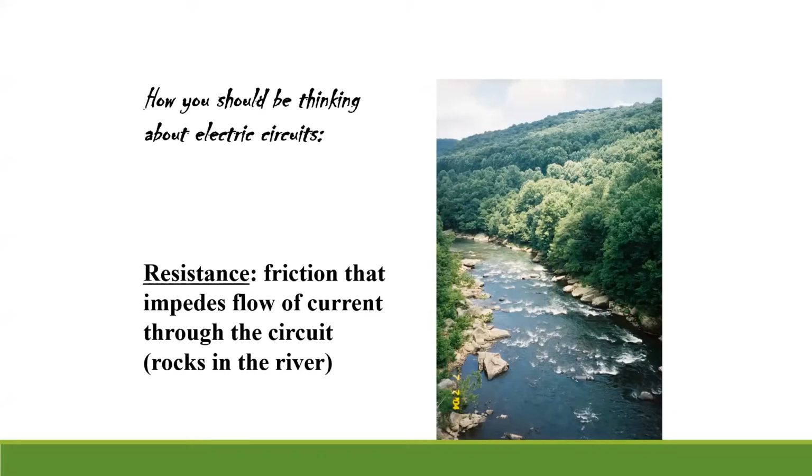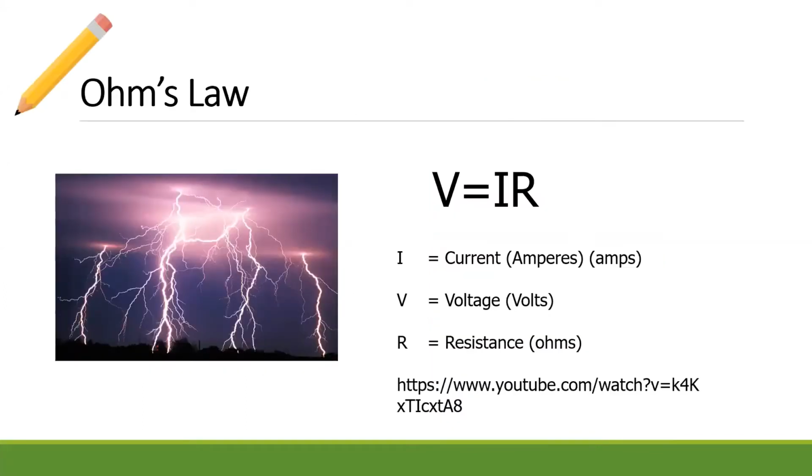Then we moved on to talking about V equals IR. It's a formula that explains that as your voltage, the push down the river, increases, your flow down the river, your current, also increases because you can move down that river faster.